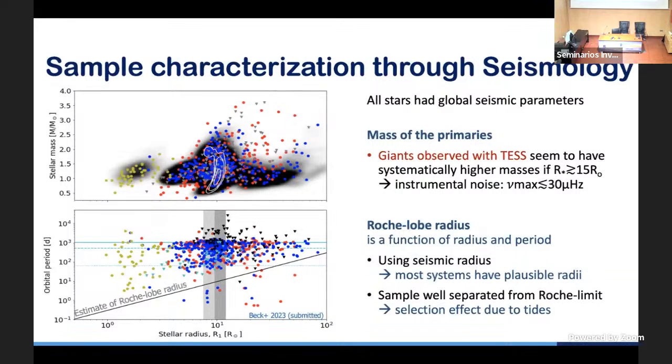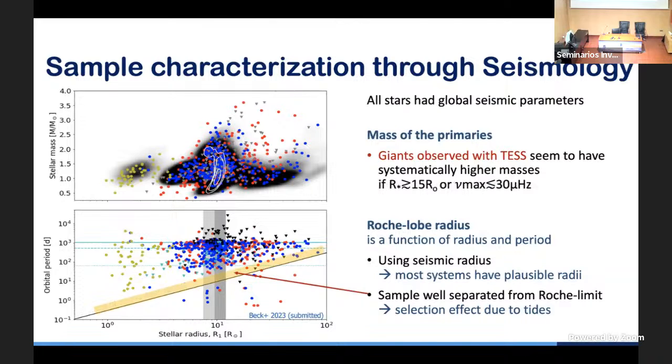We tested if the binaries are plausible and if the orbit is plausible by using an estimate of the scaling slope in the plane of the orbital period versus the radius. And except those systems, all the others are in good agreement with what we expect. Even more, you see a little gap here. Let me highlight that.